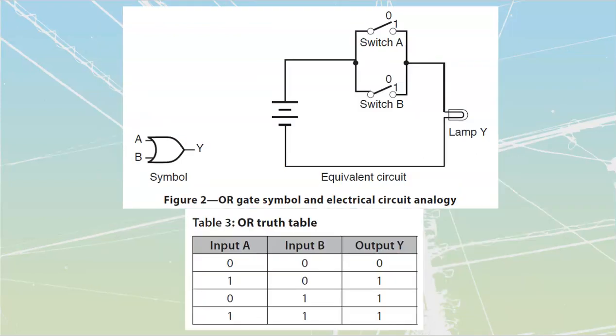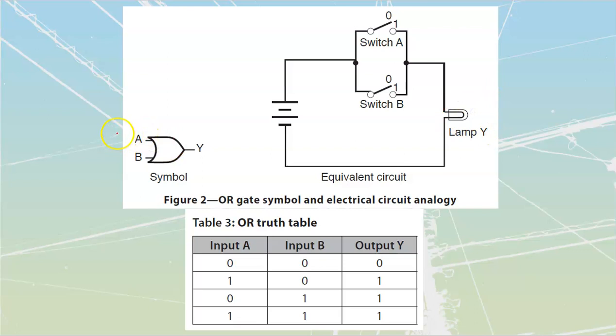Let's talk about the next one down, which is going to be my OR gate. An OR gate is going to operate when either switch A or switch B closes. I can think about it as being similar to a parallel set of contacts over here. As long as any one of these is high, I'm going to get a high output out of my lamp over here. Once again, this is my equivalent circuit.